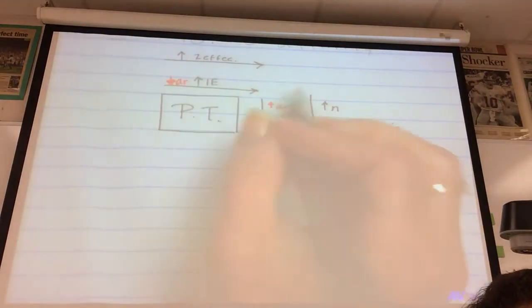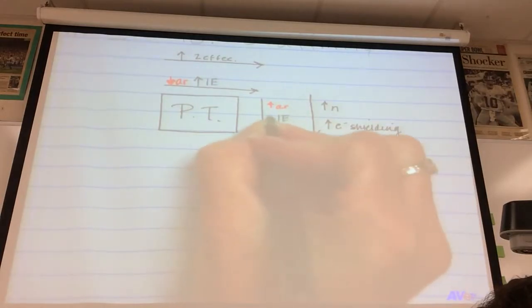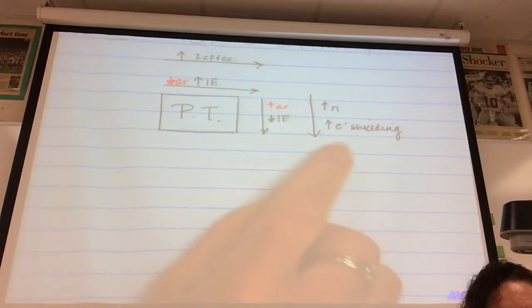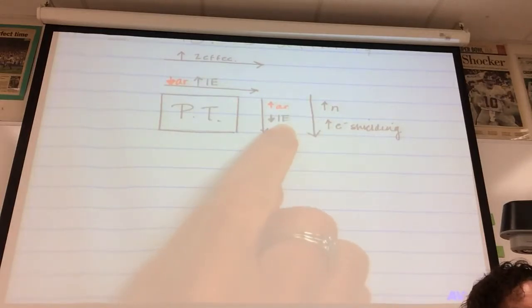And the ionization energy decreases because those valence electrons are in higher principal energy levels farther from the nucleus with more electron shielding, so it takes less energy to strip an electron from the outermost shell.